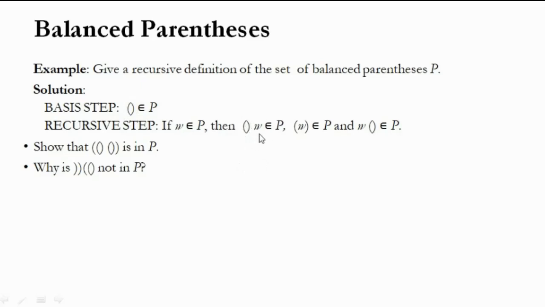Then you may get some characters, which also belongs to P. Sometimes this particular string may also come within the parenthesis. Or you may get a character first, then go for the parenthesis. So these are the three possible combinations.